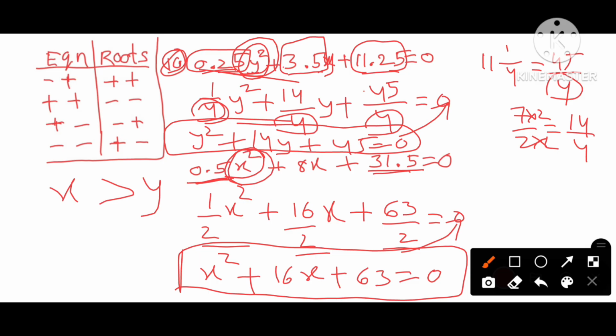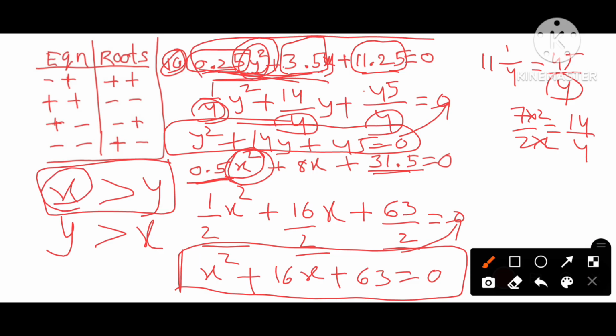So the mistake we made here is that we got x greater than y when it was y greater than x, because we assumed the first equation is x. So we must remember whether the equation is x or y.